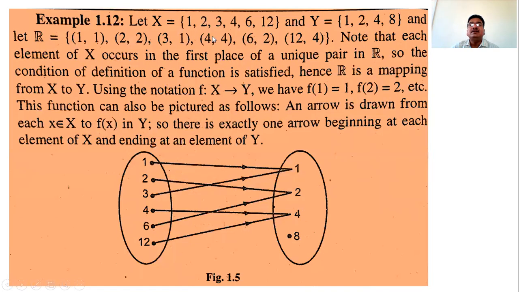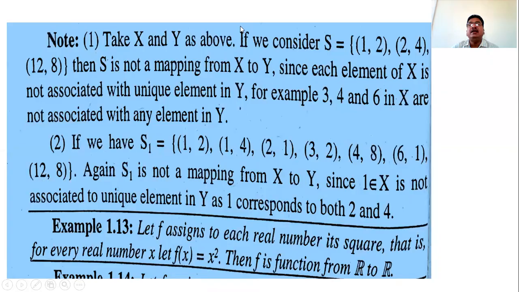That is, 3, 4, and 6 have no images, are not related to any element from Y, and therefore this S is not a function. It is just a relation.